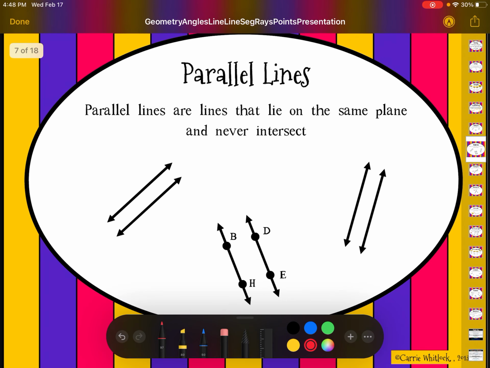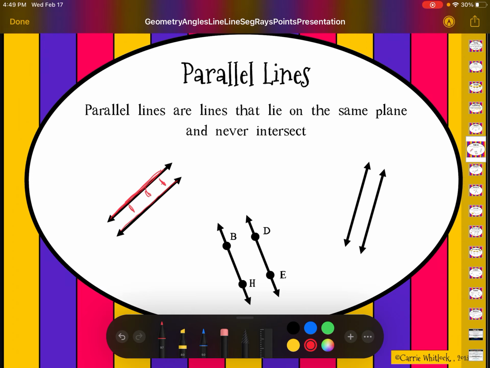Parallel lines. Parallel lines are lines that lie on the same plane and never intersect. We've talked about parallel lines being like train tracks, right? Because we don't ever want that train track to cross over. That would be a problem. So these lines are the same distance apart all the time, and they're never going to intersect.